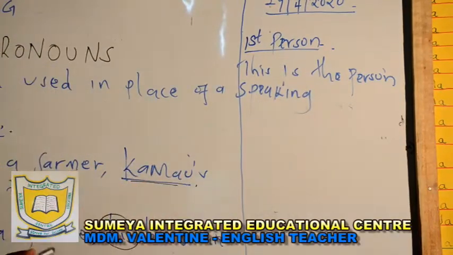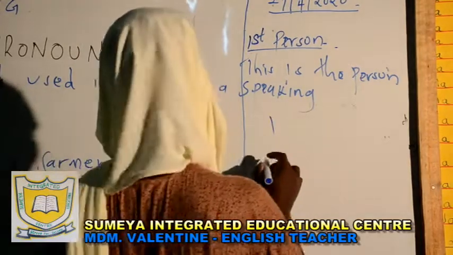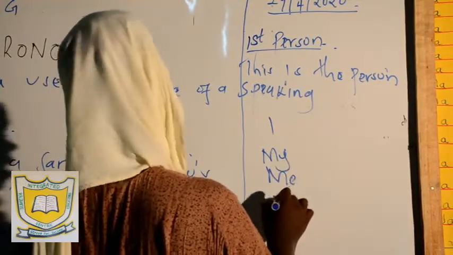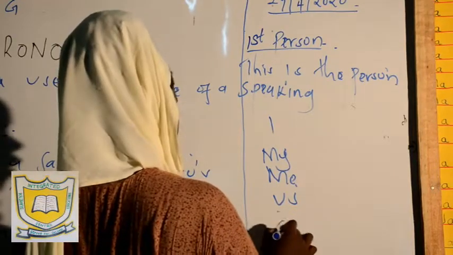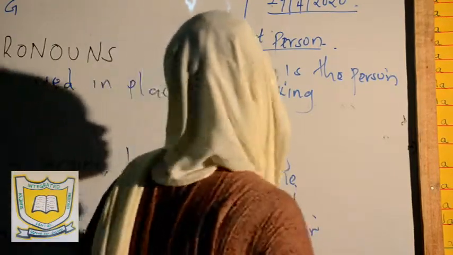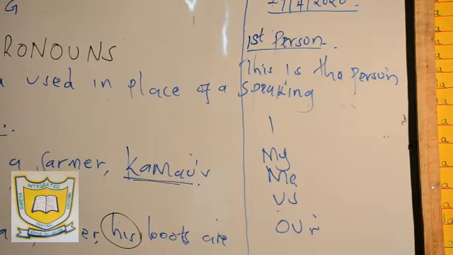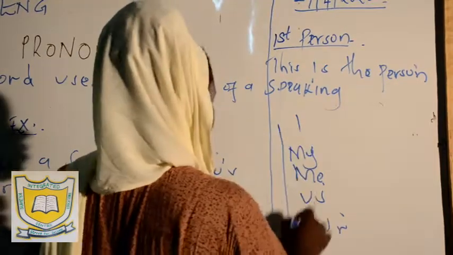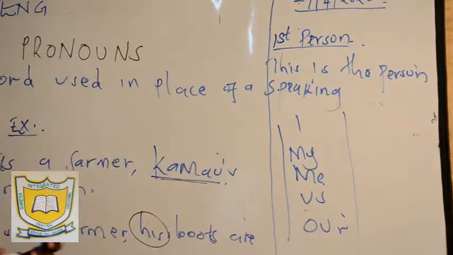These pronouns are like I, my, me, us, our. You have I, my, me, us, our, which is first person, the person speaking.